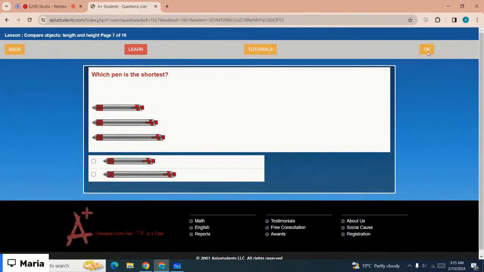Which pen is the shortest? The correct option is the first option. That is the shortest one, right?